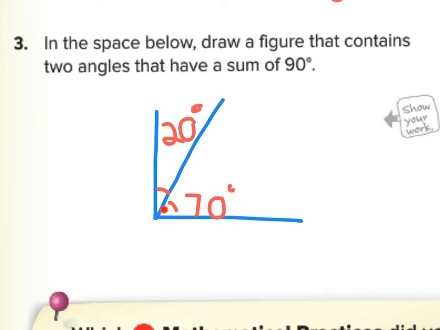So I have a 90-degree angle here that consists of two angles, one 70 and the other one 20. So they saw that when you add them together, their sum is 90 degrees. Please draw this exactly as I've done it, because this is one of your key answers. I will know you watched the video if you draw this.